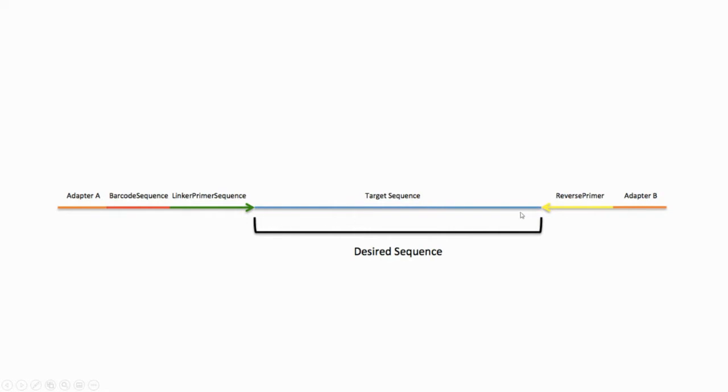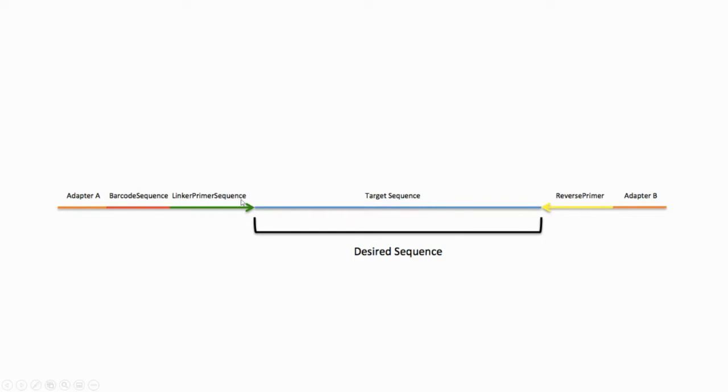And this is what they did for the library preparation. You have the sequence that you collect, and then you add the linker primer sequence so that you can perform the PCR reaction. Then you add the barcode, so that you can identify which sample the sequence belongs to. And then you have adapter B, which is for performing the sequencing on the different platform.